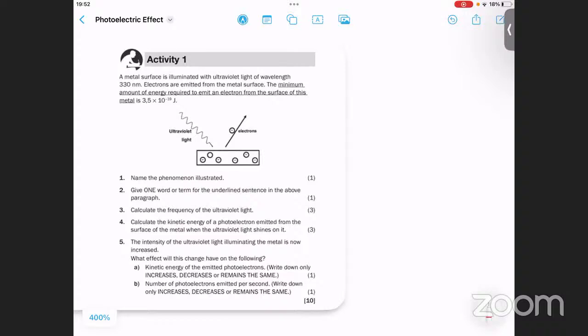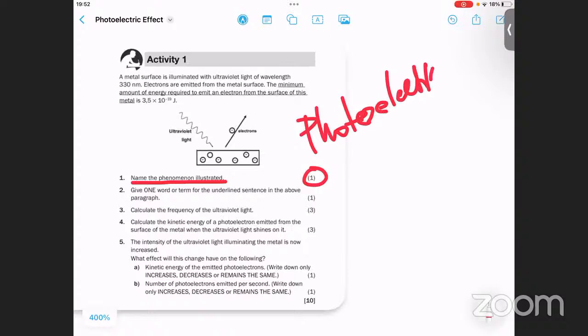When they say name the phenomenon illustrated there, normally it's given 1 mark. You just say it's photoelectric effect. You just name this topic because what we are seeing there actually illustrates photoelectric effect.